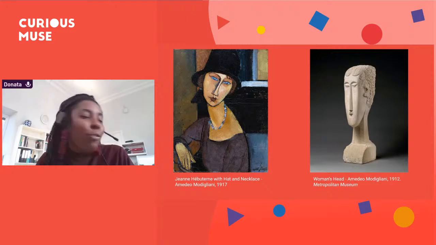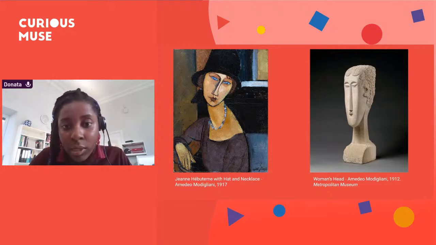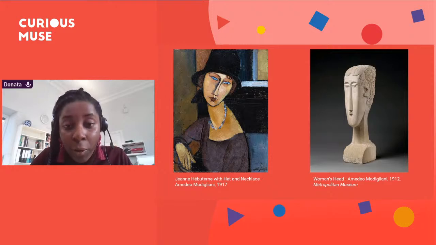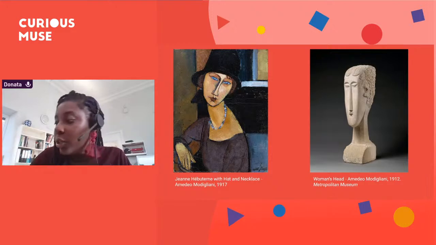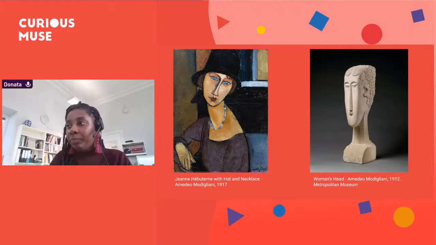And it runs throughout his work, the elongated faces, the elongated noses, and looking back at the Dan tribe masks, we can see where the influences would have come from. But there's really so many other masks from different places. The mask that I showed on the screen before was from Congo. There's just so many masks from different places that really bring that inspiration to light.